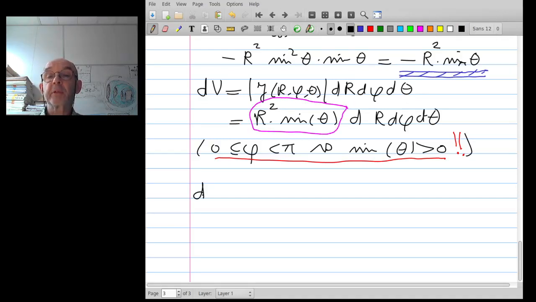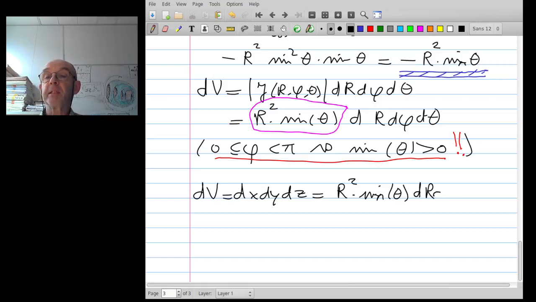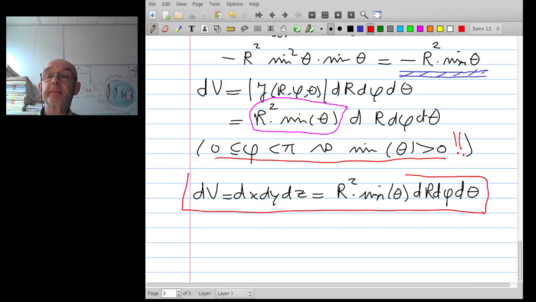So you have your dv, and if you do the same as we have done in R2, that was dx dy, down here dx dy dz, then that becomes r squared times the sine of theta dr d phi d theta. So keep in mind, important.